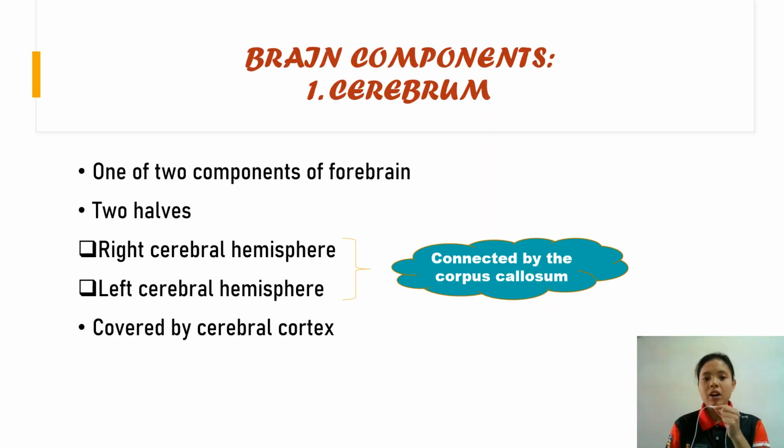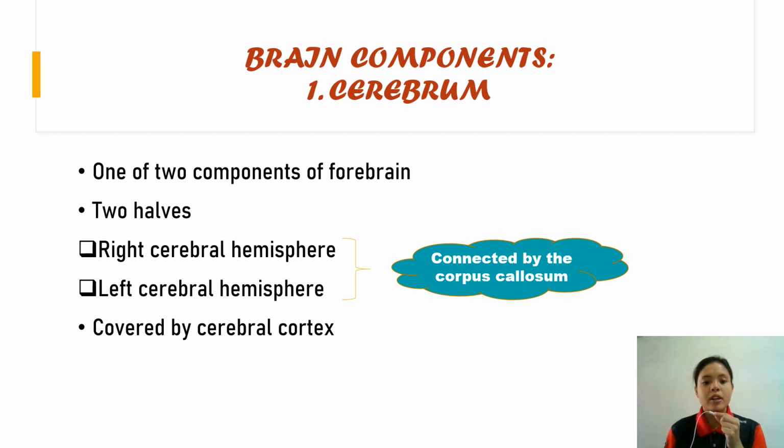Okay, now I would like to explain about the brain components, that is cerebrum. So what is cerebrum? Cerebrum is one of two components of forebrain. As I mentioned just now, the other component of forebrain is diencephalon, that is located in front of our head.